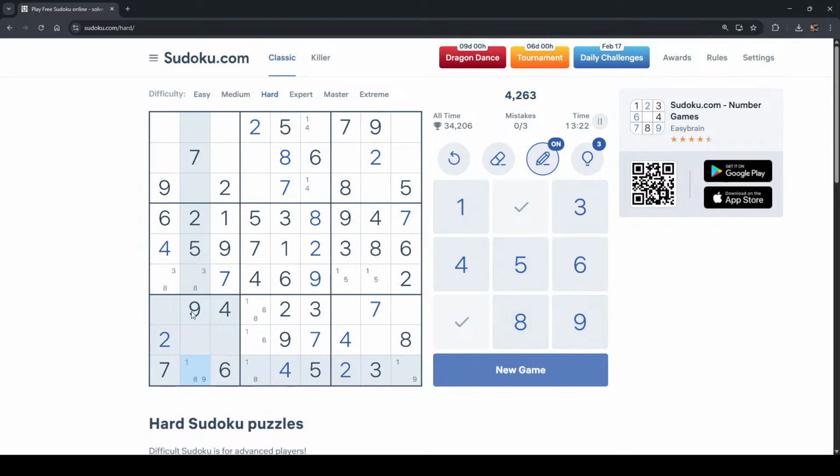Oh, 9 is already there, we cannot put a 9 there. Okay, 9 is already there in this box, and in the same column as well. So 1 and 8 are all possible in these two boxes of the final row. So 1 or 8 has to be in either of those two, so 1 can't be there, so this has to be a 9. Okay, perfect.